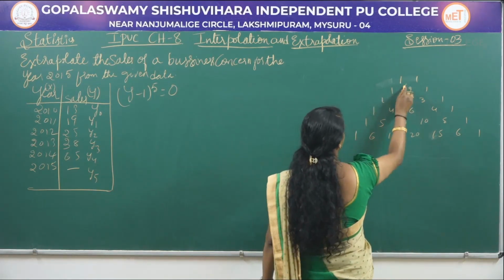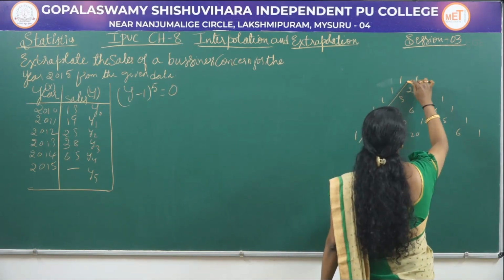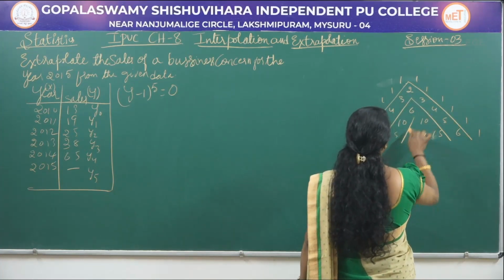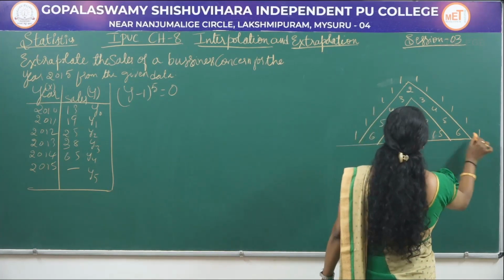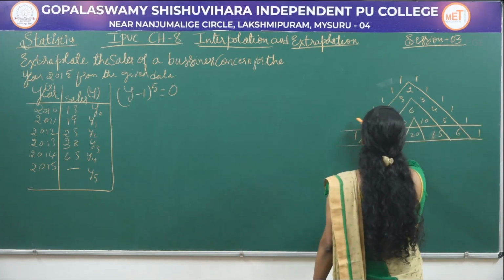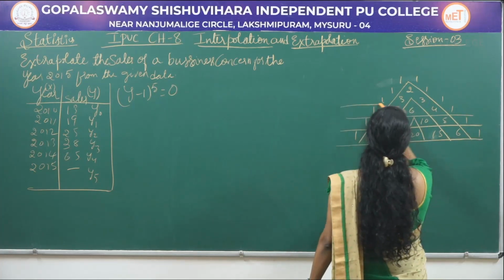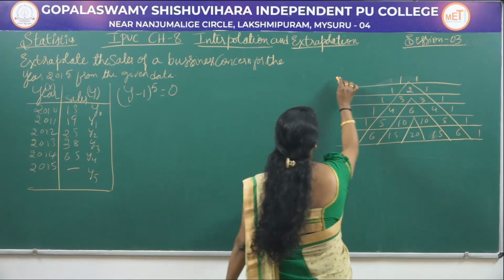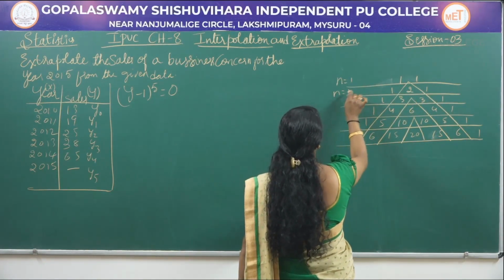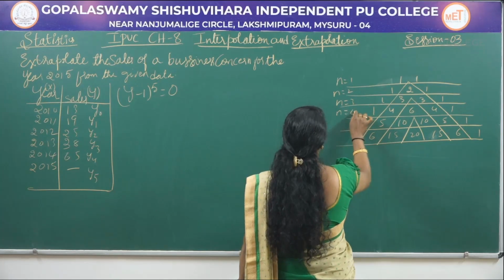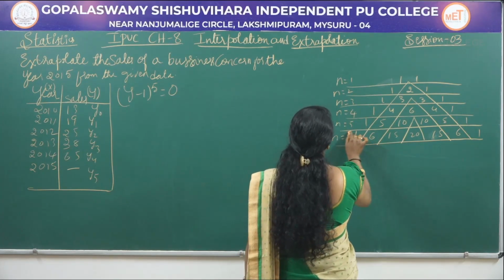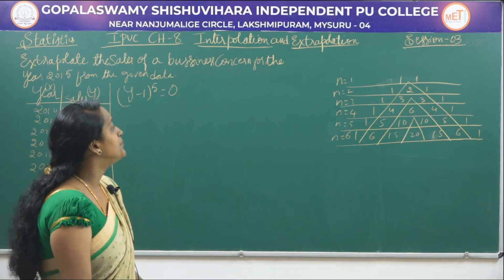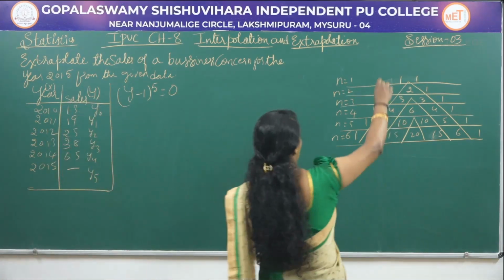This is the Pascal triangle for different n values. Last class we discussed how to write this Pascal triangle: n is equal to 1, 2, 3, 4, 5, 6. Here we have recalled the Pascal triangle.